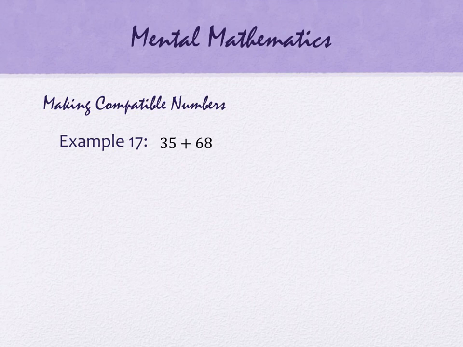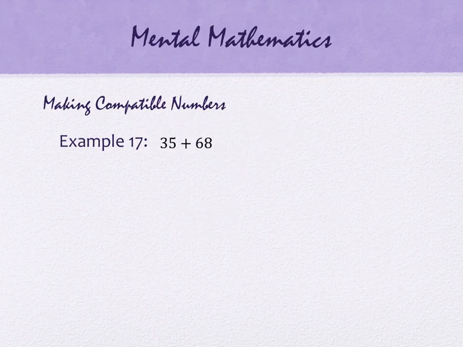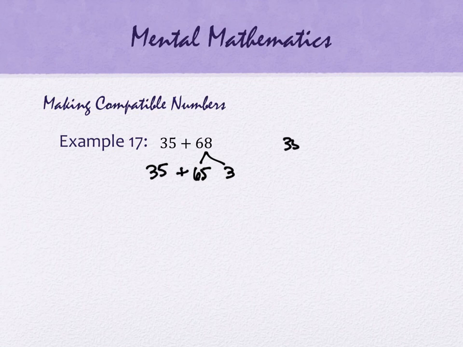Not 70, 65. So why am I saying 65? Because notice over here what I was trying to do is make the number 100, right? So how do I make the number 100 if I have a 35 to start with? Well, I have 65. So I take the 68 and I make it 65 and 3. I could have done this as well with the 68 if you wish. I could have taken the 35 and made it a 32 and a 3.